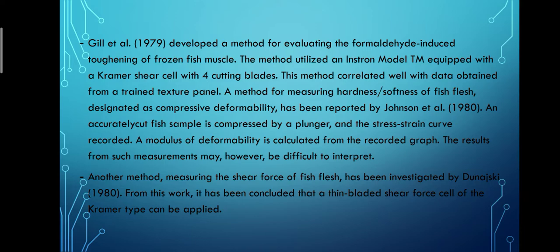An accurately cut fish sample is compressed by a plunger and a stress-strain curve recorded. A modulus of deformability is calculated from the recorded graph. The results from such measurements may, however, be difficult to interpret. Another method of measuring the shear force of fish flesh has been investigated by Dunajski, 1980.